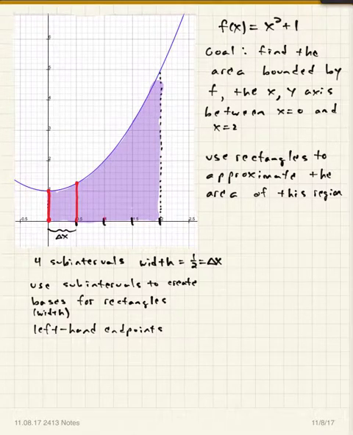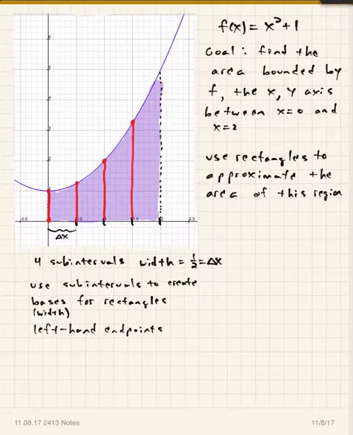And we keep on going. The third subinterval, that's its left-hand endpoint. We go up to the curve, and we use that line segment for the height of the third rectangle. And finally, in the fourth subinterval, the same thing, the left-hand endpoint.